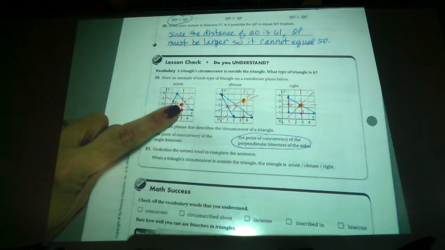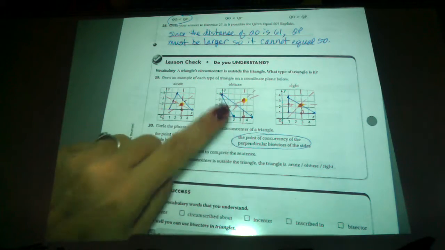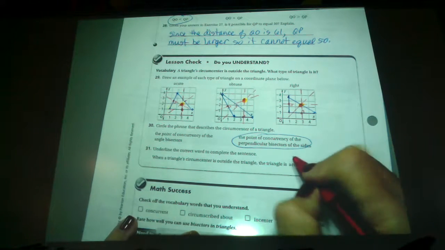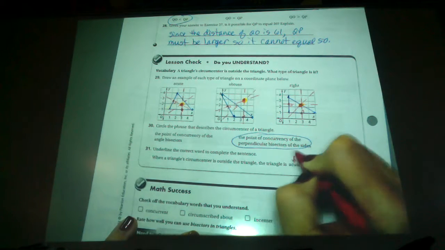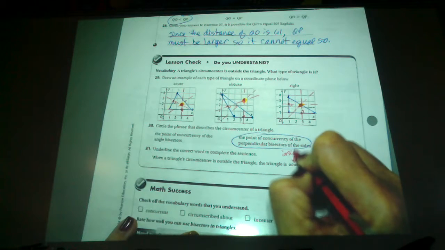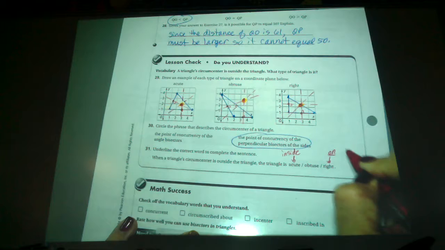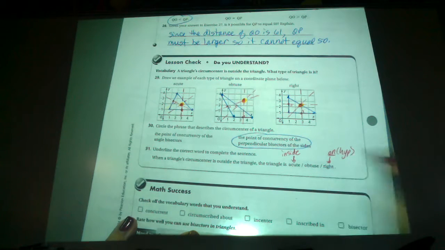So if you look at the three triangles, if you drew them correctly, here's my three triangles. I've drawn the perpendicular bisectors to all three triangles. So on the acute triangle, the circumcenter is inside. On the obtuse triangle, that's where it's outside. And on the right triangle, that's where it's on the triangle. You need to know those because that's a very popular question to be asked. So if I were you, I would write here that acute is inside, and on the right it's on, most specifically the hypotenuse.